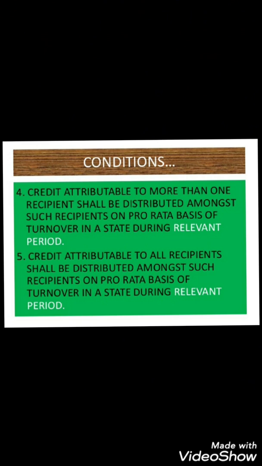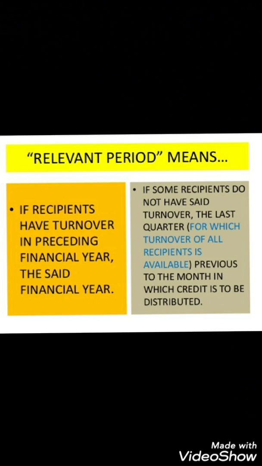So the fourth one is credit attributable to more than one recipient shall be distributed among such recipients on pro rata basis of such turnover in a state during relevant period. First we need to understand what relevant period means.